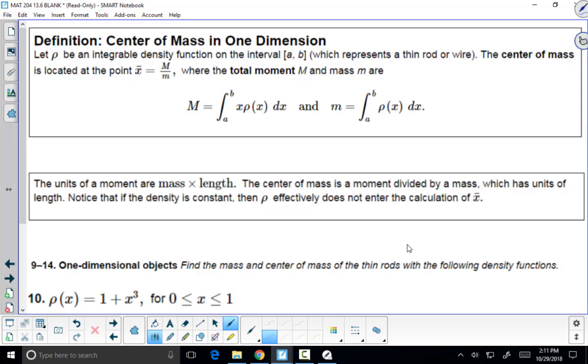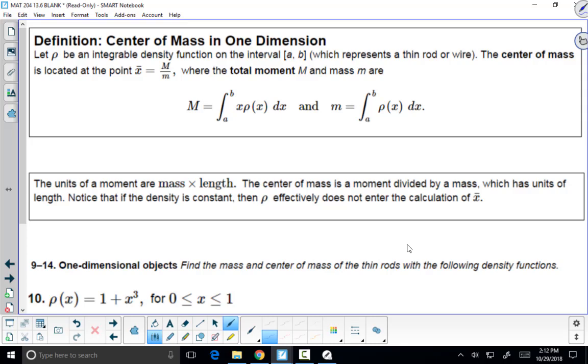So if you multiply density times distance, what do you get? Mass. And then mass times dx is a mass times a distance. If we think about the units here, we have units of mass times units of distance, which are units of moments, and then we add up all those moments.